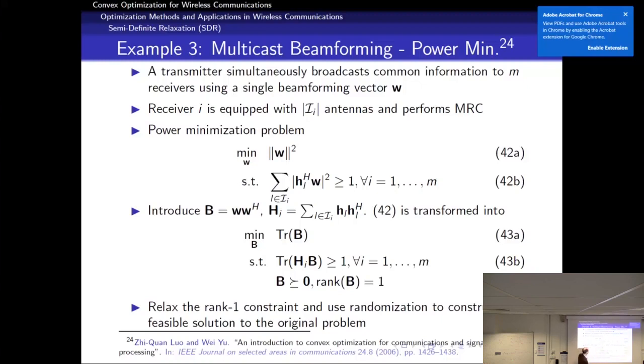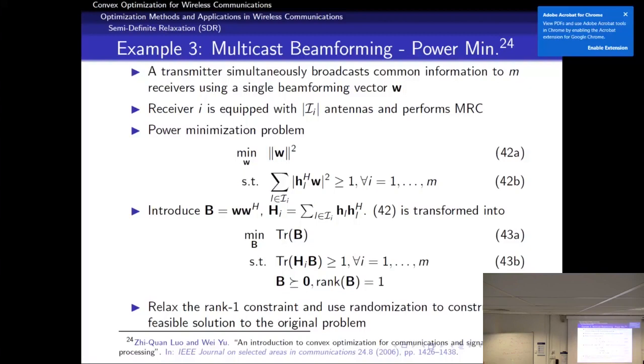And this one I can expand, and if you expand that, you have something like this: a sum over l of H_l W. I can write H_l Hermitian W Hermitian, H_l Hermitian W. So this is a sum over l of W Hermitian H_l H_l Hermitian W. This is one way of representing it.